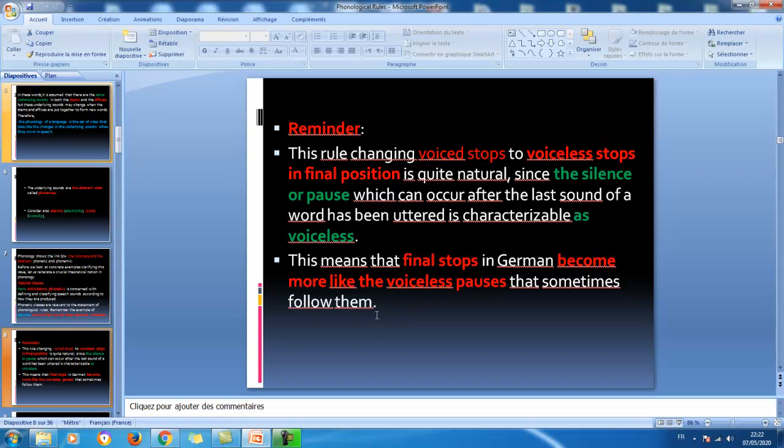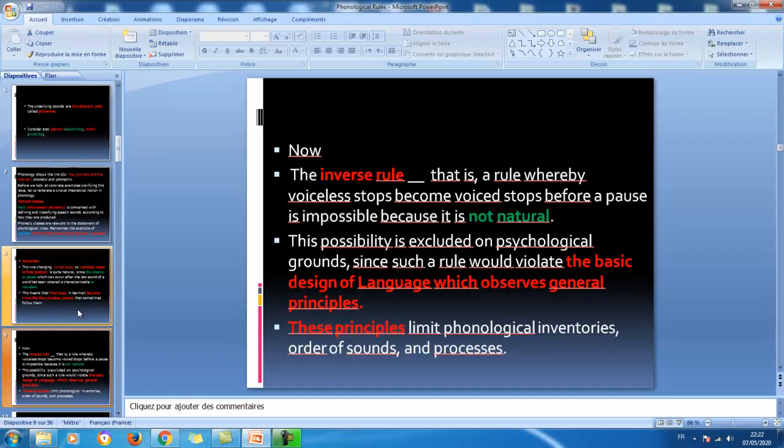But the opposite does not work. It's not natural. The inverse rule, that is a rule whereby voiceless stops become voiced stops before a pause, is impossible because it's not natural. Because language, with capital L, is governed by some general principles, showing to us its nature.